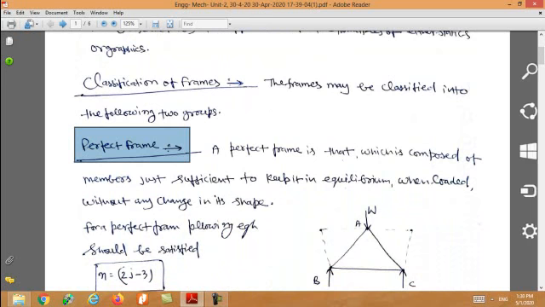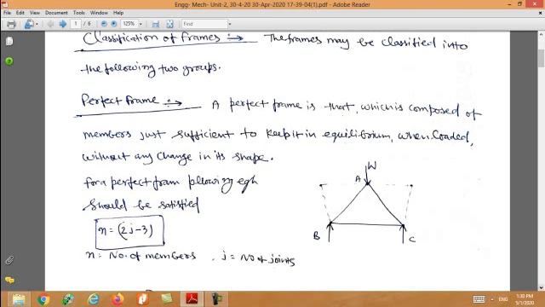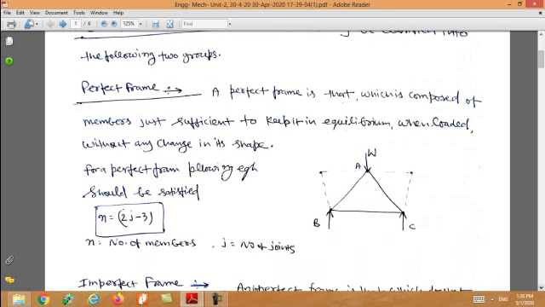It is a frame which is composed of members just sufficient to keep it in equilibrium when loaded without any change in its shape. Okay, so it is a definition, but mathematically how can we find whether it is a perfect frame or an imperfect frame?